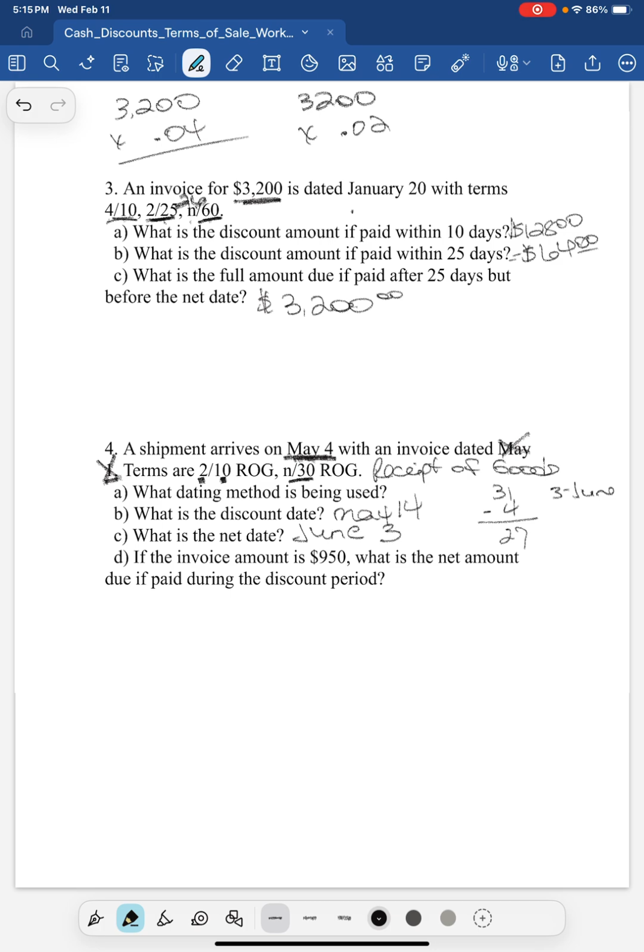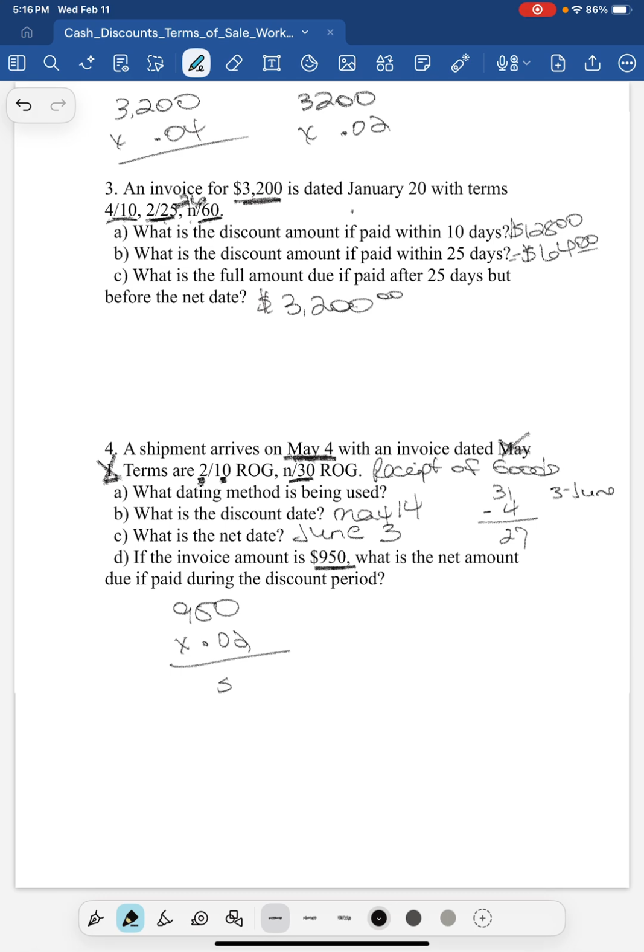If the invoice amount is $950, what is the net amount due if paid during the discount period? Okay, you have $950. You have a 2% discount. Then now we're working this problem just like all the others. The main point of this one is to make you understand the way a receipt of goods invoice is different, because most due dates are counted from the date of the invoice, but if it's ROG, it's from the receipt of the goods.